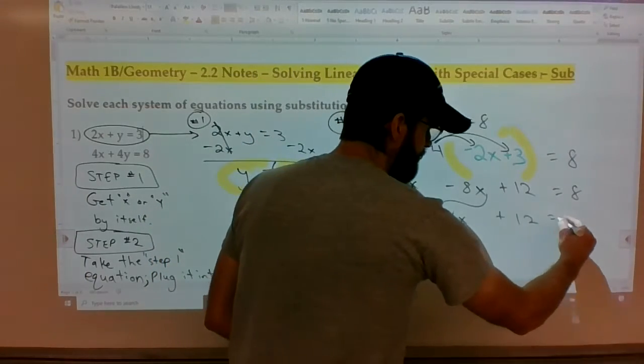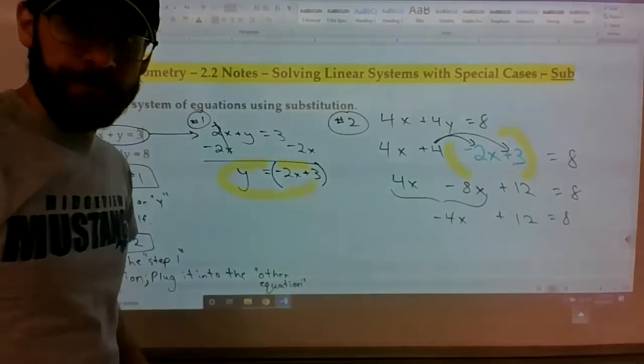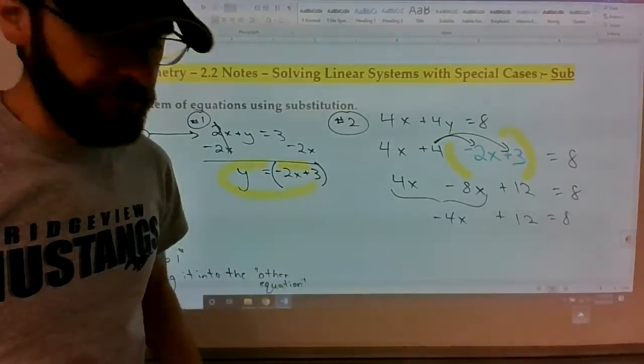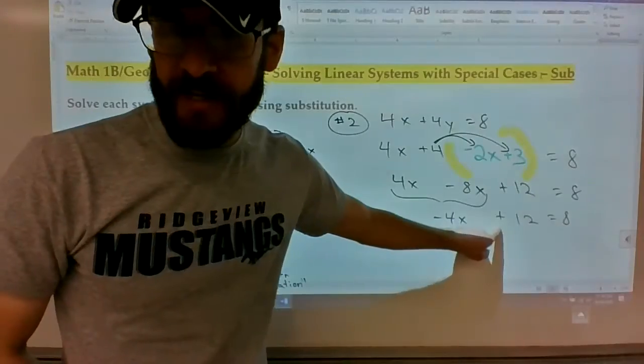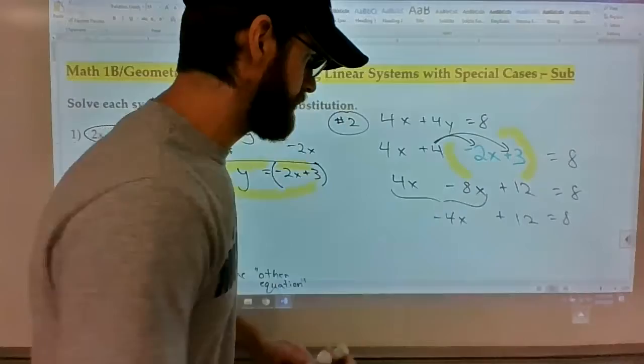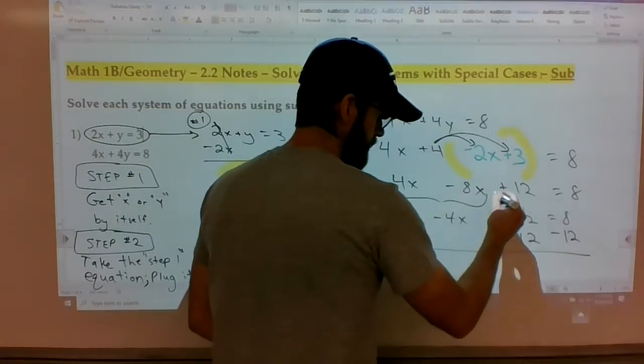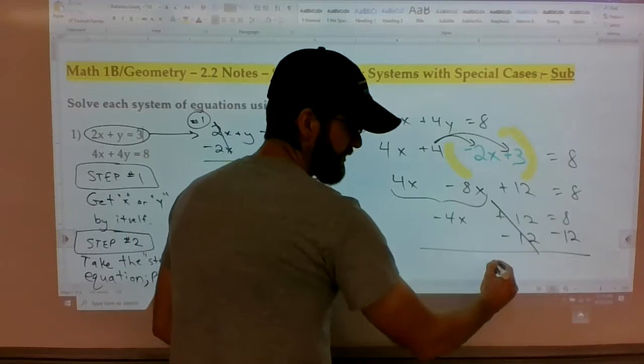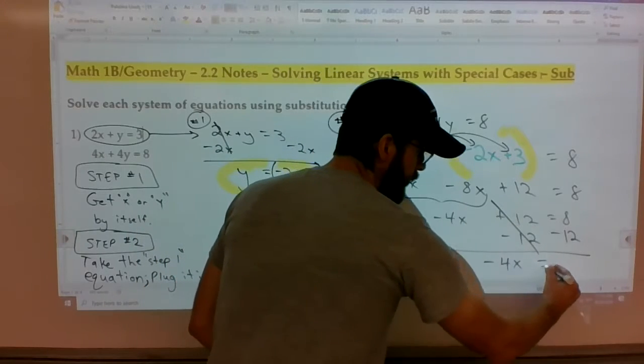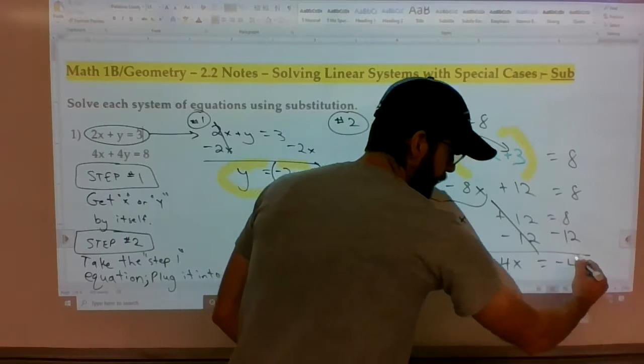And you're left with a fairly simple equation to solve. Get x by itself. You need to get rid of the plus 12 because it can combine with the green 8. So that's negative 4x plus 0 equals 8 minus 12, negative 4.